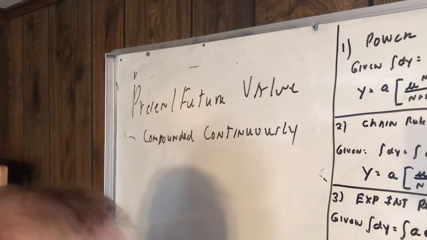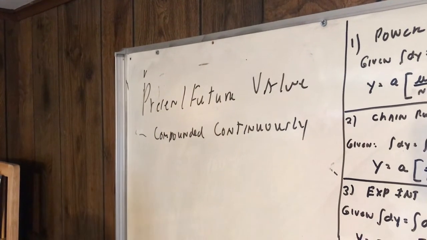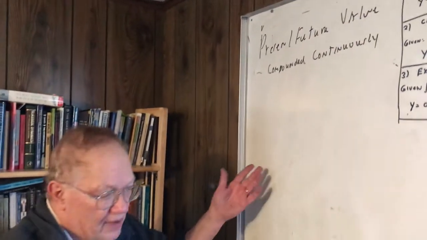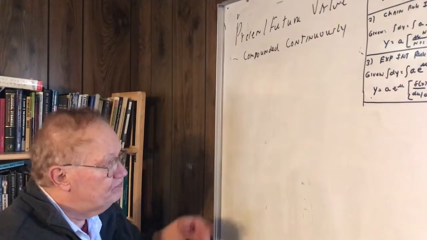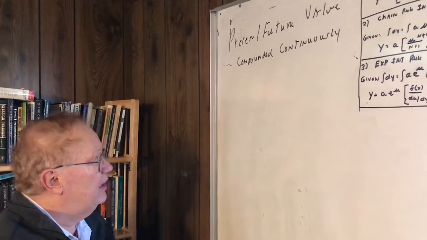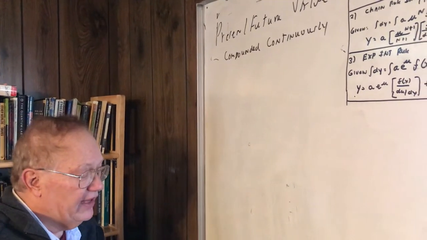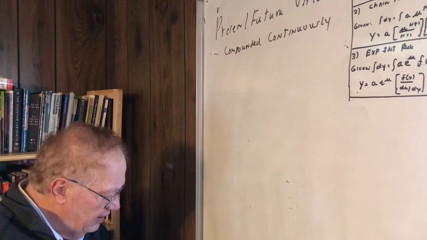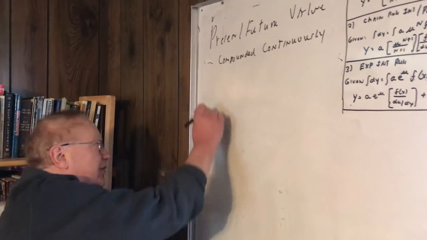Obviously, we're talking about continuous functions. We did stuff in the QBUS-110, compounded quarterly, every month. Here it's going to be compounded continuously, and we knew that always had a little exponential involved. So let's look at the formulas.